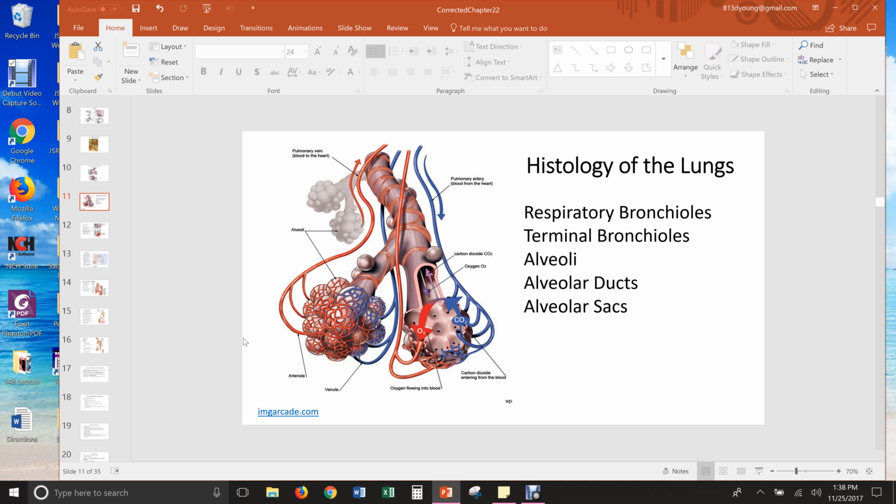In our lungs as a whole, we have about 3 million of these alveoli. One thing about this area is that the tissue is very elastic, and this allows for the expansion and recoil that can occur in the lungs for ventilation, for respiration, for the air to move in and move out.